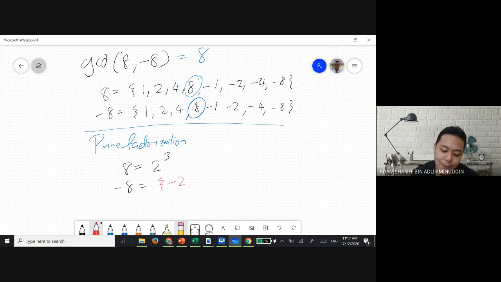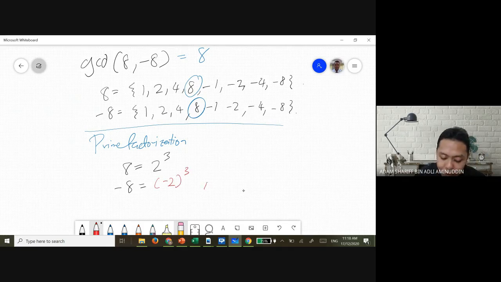Negative 2 is not a prime. 2 is prime. Okay, 2 is prime. Tapi 2 to the power of 3 bukannya negative 8. Betul? Dia kena negative 2 to the power of 3.